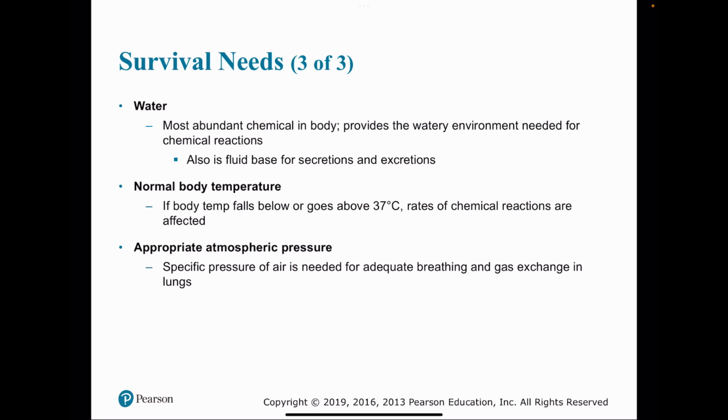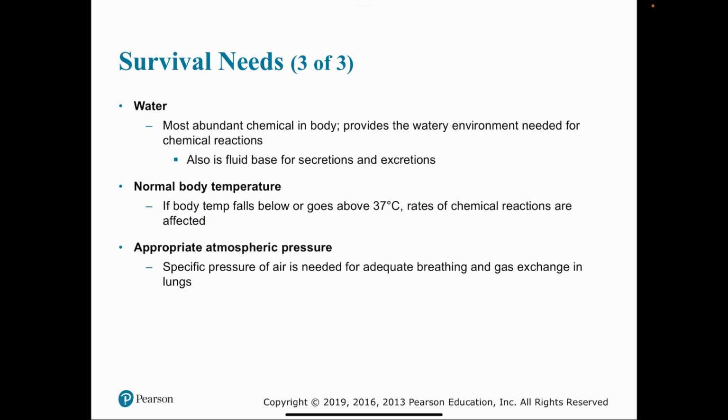Say if you're in a hypothermic state, meaning that the body temperature has gone below that 37 degrees Celsius. And then also the appropriate atmospheric pressure. Essentially, we have to have the correct pressure in order for the lungs to be able to exchange oxygen and to exchange air appropriately.